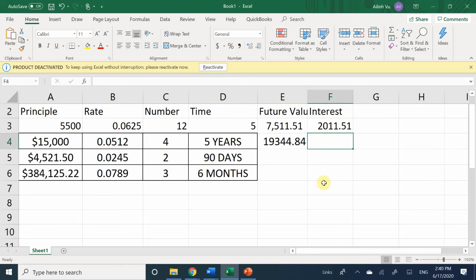Then 19,344.84 minus 15,000, so my interest is going to be $4,344.84.